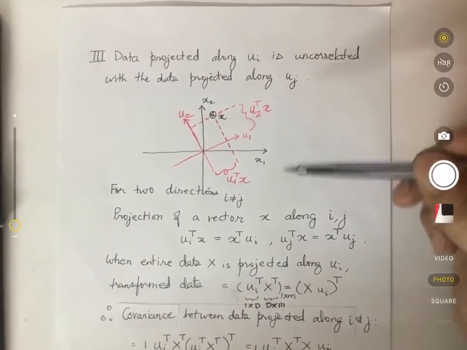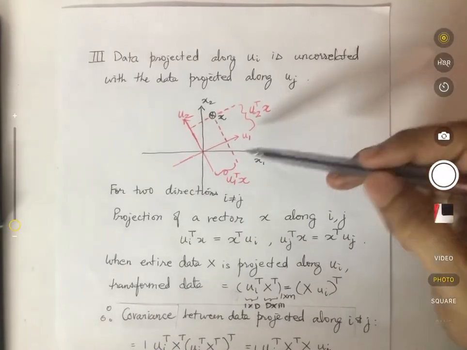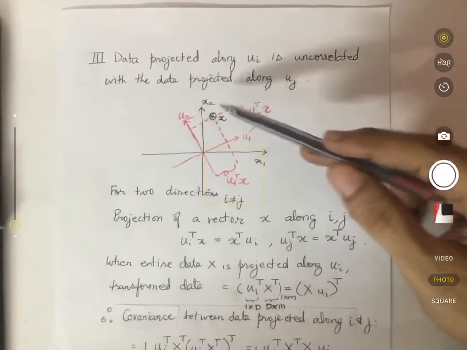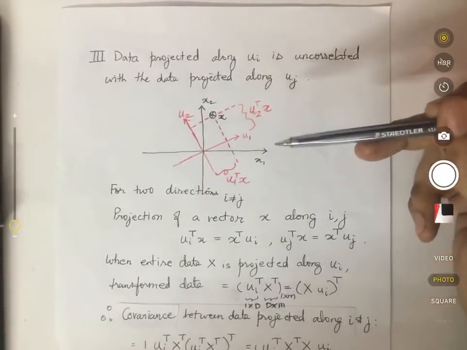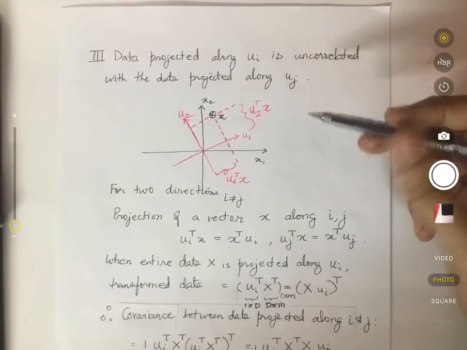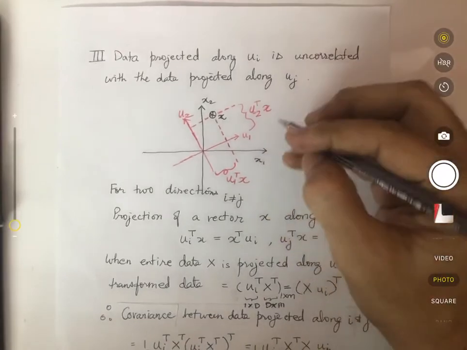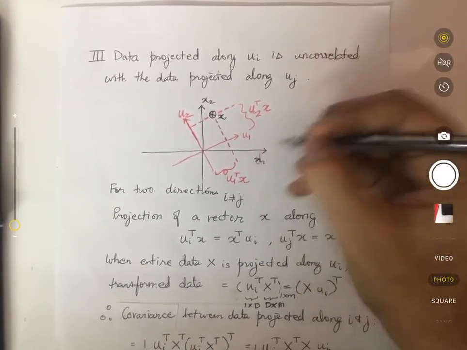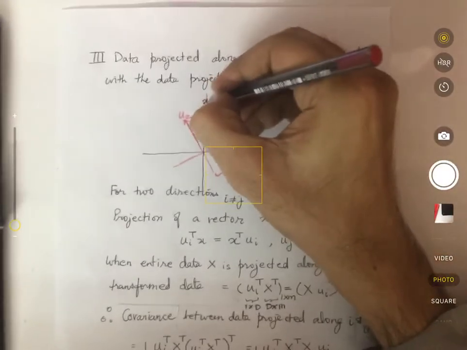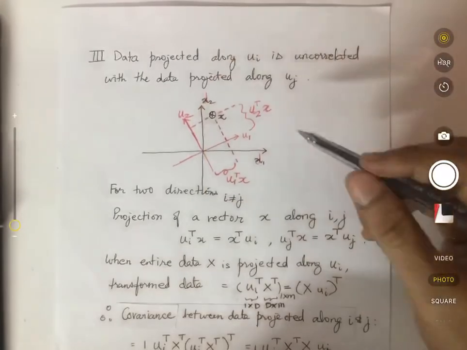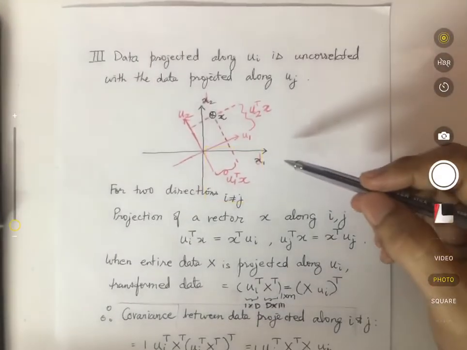So let's take a look. I've drawn x1, x2, and actually these are not x1, x2. Let's call them d1 and d2.